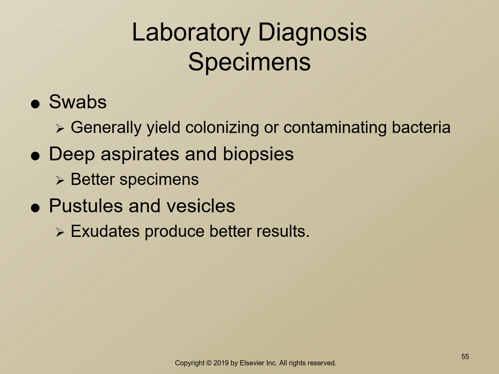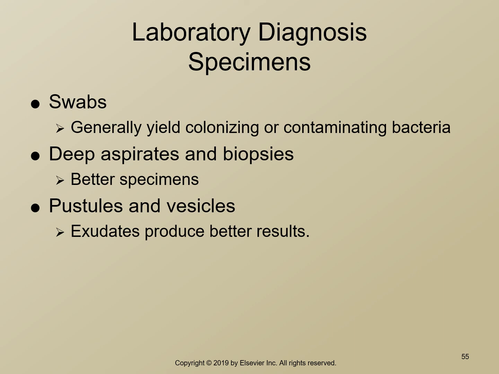In terms of diagnosing the various skin manifestations, there's a variety of diagnostic methods that can be helpful in determining the causative agents. Frequently swabs will be submitted that are taken from the surface of broken or ulcerated skin. As we've mentioned before, swabs are usually the least favored sample type because often they will also grow colonizing or contaminating bacteria.